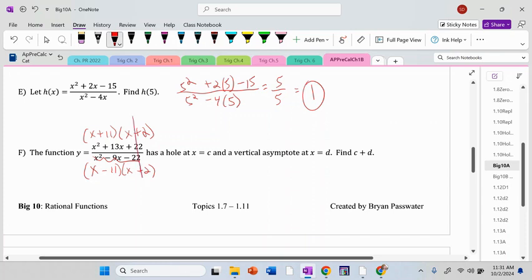And then those cancel. So I have a hole at x equals negative 2. By the way, just for giggles, negative 2 plus 11 is 9, negative 2 minus 11 is negative 13, but that's not what the question asks. The vertical asymptote is at x equals 11. So c plus d is 9.